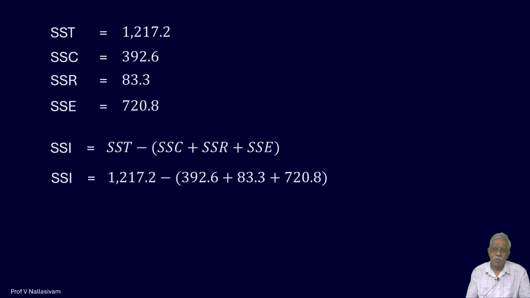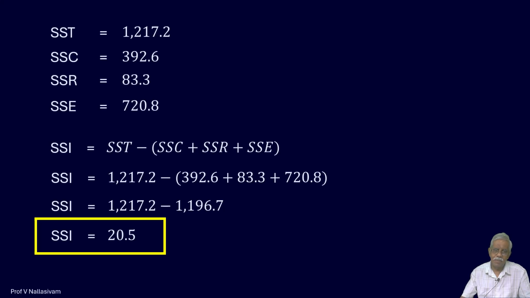Substituting these values and simplifying, we get SSI equal to 1217.2 minus 392.6 plus 83.3 plus 720.8. 1217.2 minus 1196.7, SSI 20.5. We have finished the calculation of all the sum of square variations.